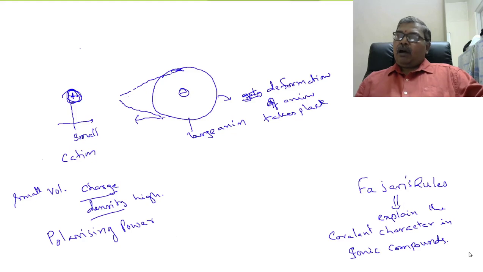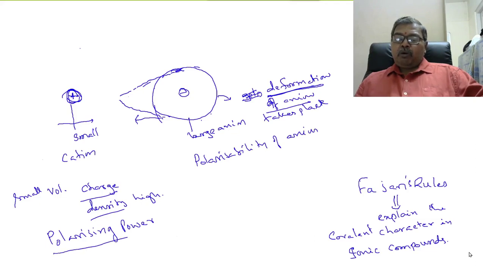Similarly, the larger anion undergoes deformation. Actually, it has a circular shape, but now the shape is changed due to polarization of the anion. This is called polarizability, the polarizability of the anion.